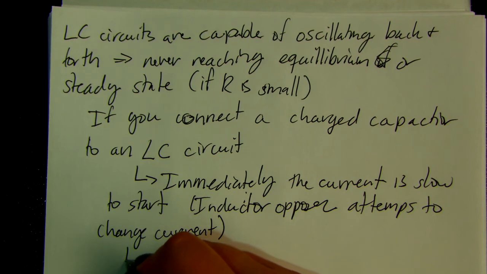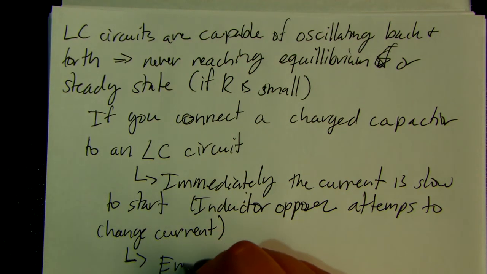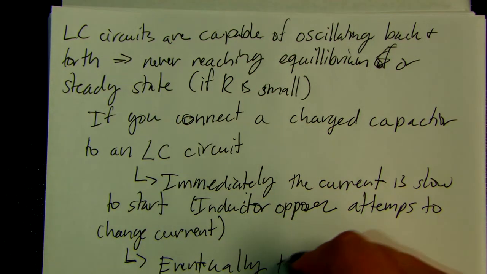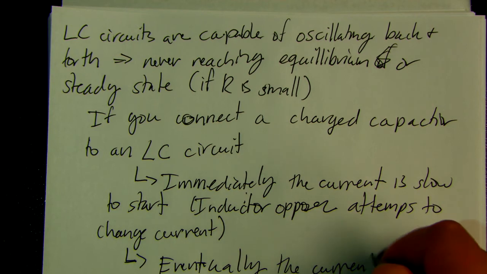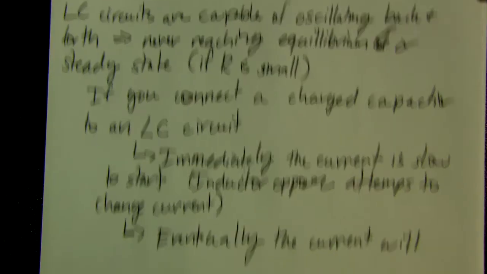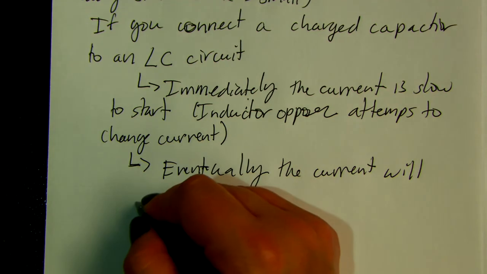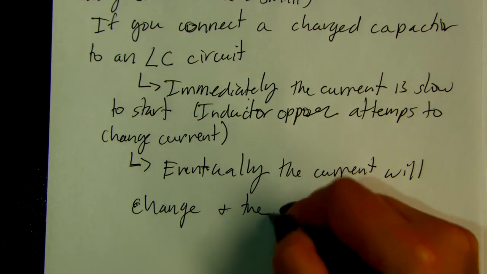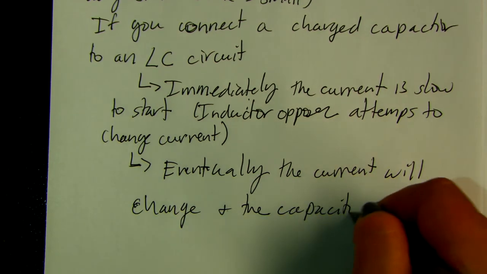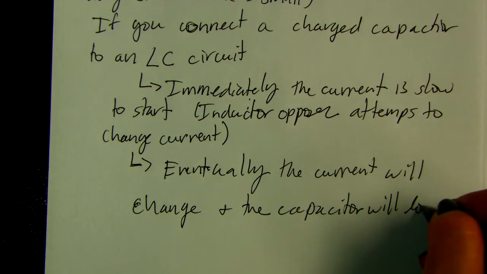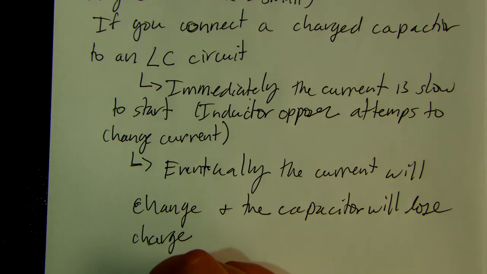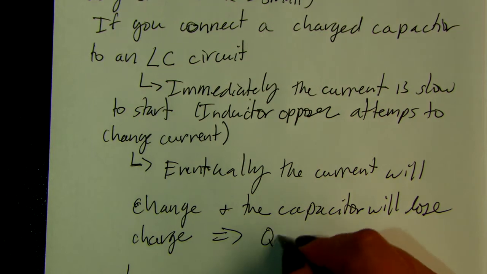All right, and then eventually, if you're persistent enough, the current will change and the capacitor will lose charge. And this, of course, eventually Q will be equal to 0.